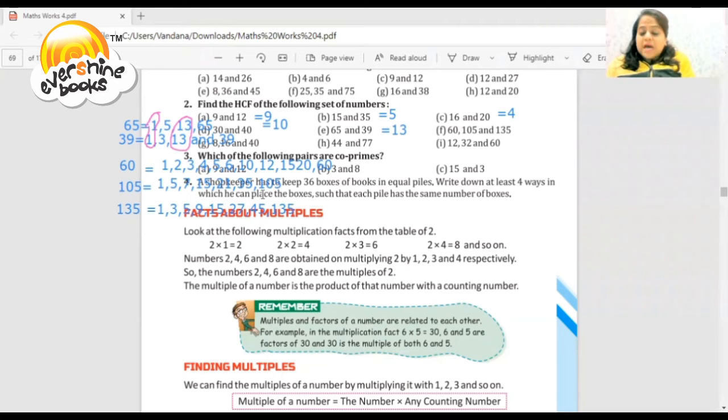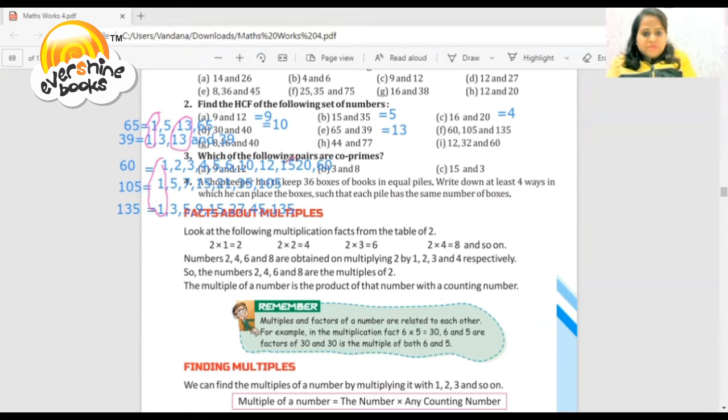It means the highest common factor in these three numbers, the greatest common factor, is 15. So just put a line here to show the highest common factor. Common factor is 1 here, and here 15.